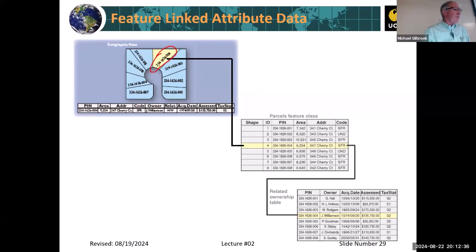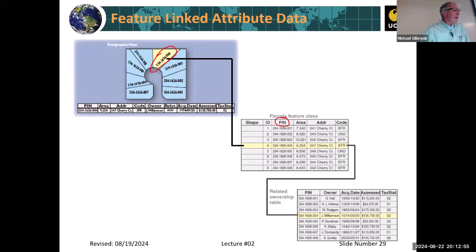This one is 334-1626-004. That's its parcel ID number. They all either call it the PID or the PIN, the parcel ID number. So this is called the PIN here.